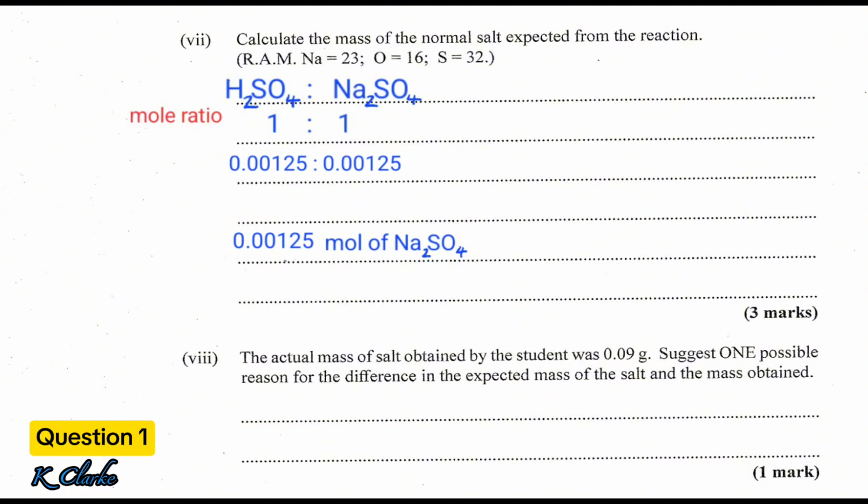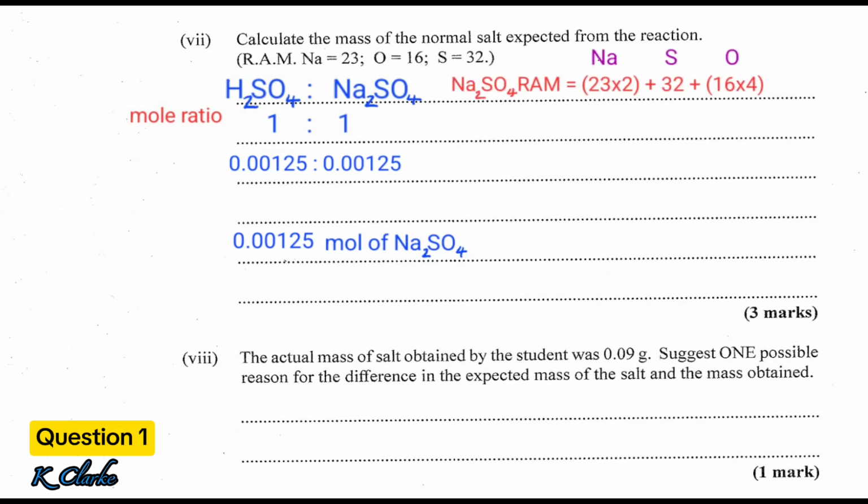Now we need to calculate the relative molecular mass. In order to do that, we are going to add the mass of all the atoms that make up a molecule of sodium sulfate.